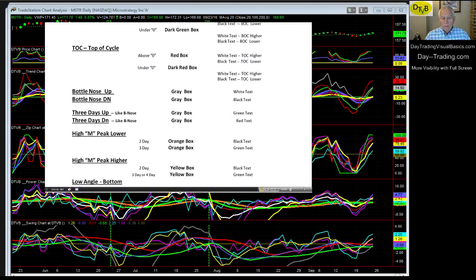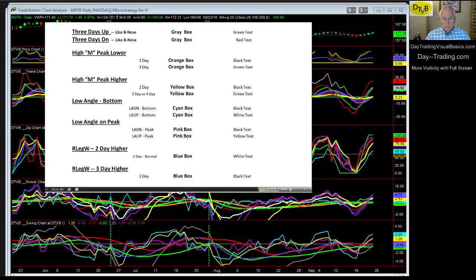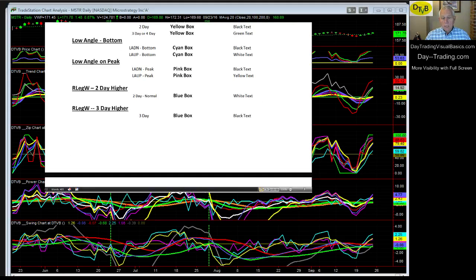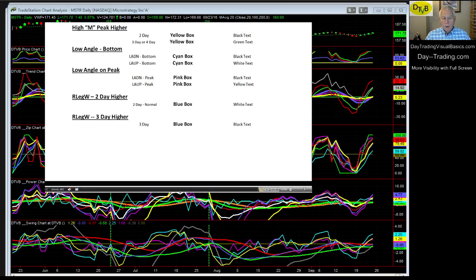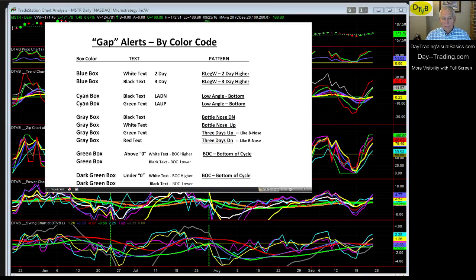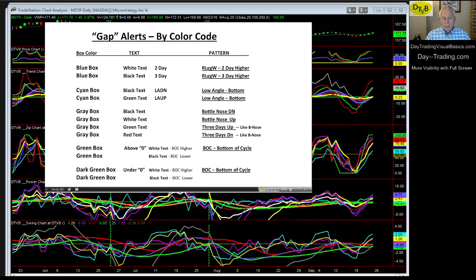And you can run all the way down through these things and pick whatever thing you want, and it gives you a color code of the box. Like, for example, low angle on a peak is a pink box, and if it's up or down, it's black or yellow text. Now, page 2 is exactly the same thing, only page 2 is by color.